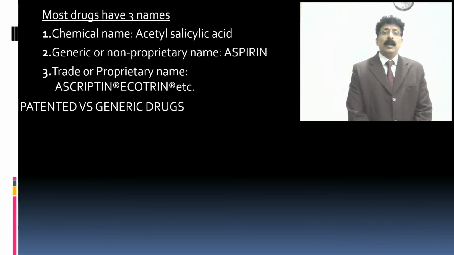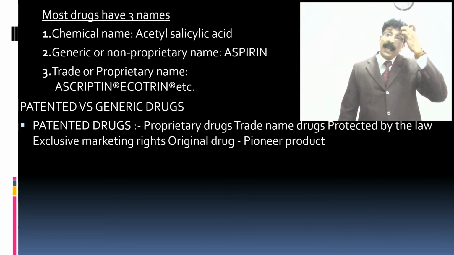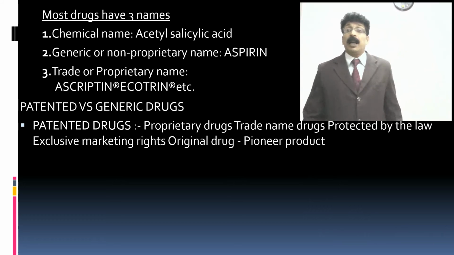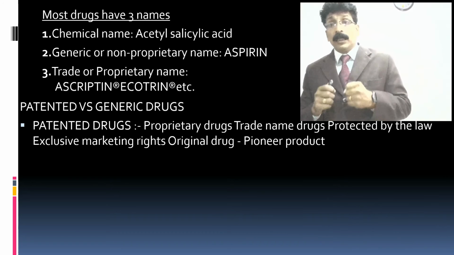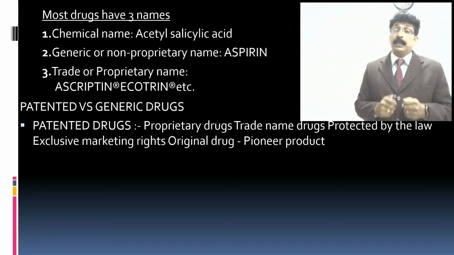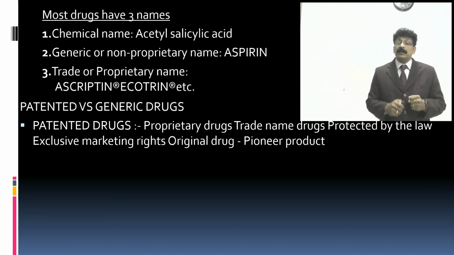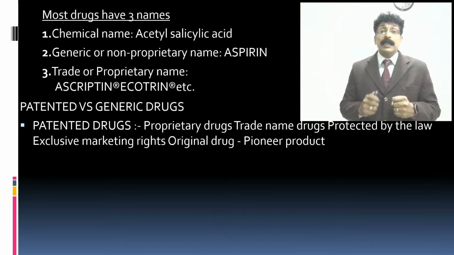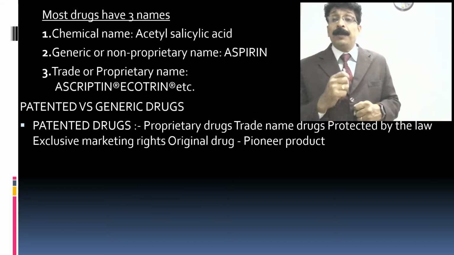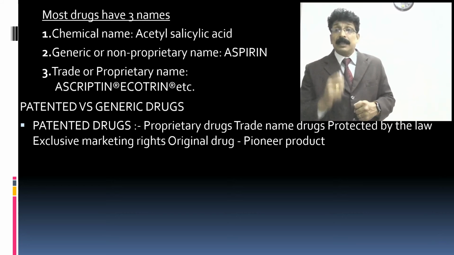Patent versus generic drugs. What do you mean by patent drugs? They are giving a license, and they have the name; they are the only person who has identified that particular drug. Proprietary drugs, trade name, drugs protected by the law, with exclusive marketing rights. For an original drug which has been researched and manufactured, and they have developed the particular drug themselves, they will get the patent.